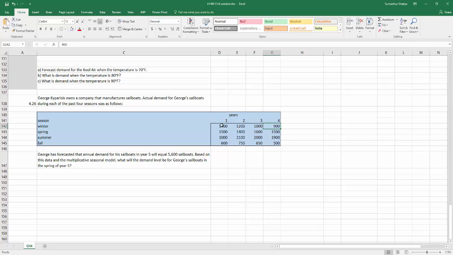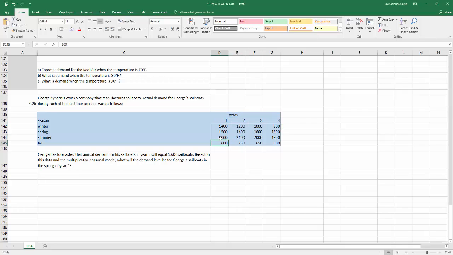There are 4 quarters in a year, and we are given 4 quarters for the next 4 years. Now they've asked us, George has forecasted annual demand for sailboats in year 5 will be equal to 5,600 sailboats. Based on this data, what would be the demand for the sailboats in the spring of that year?